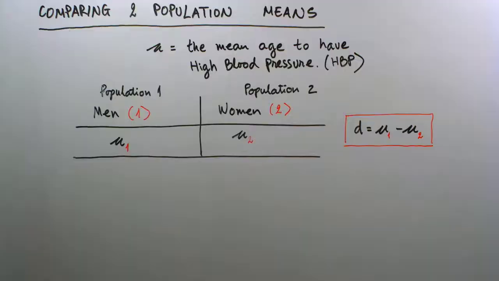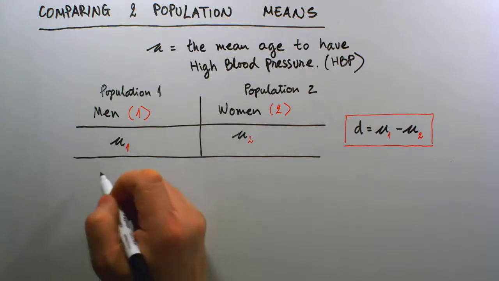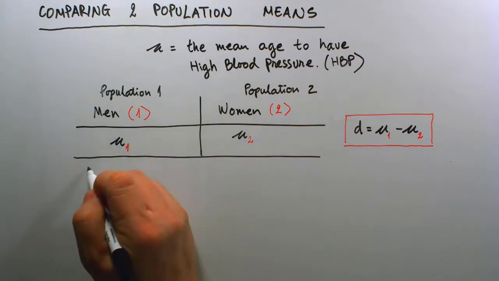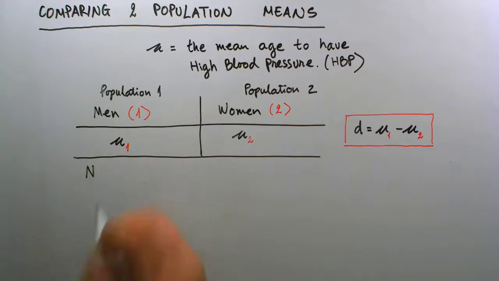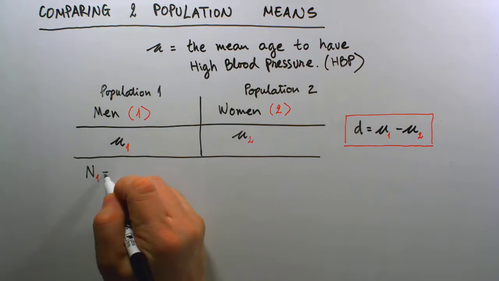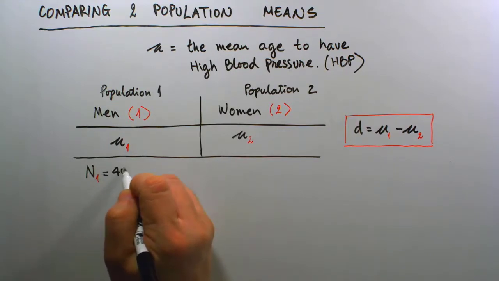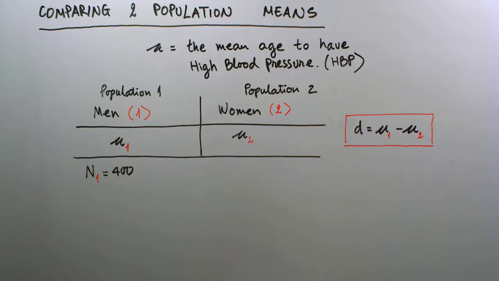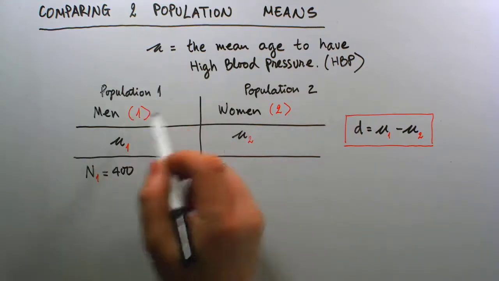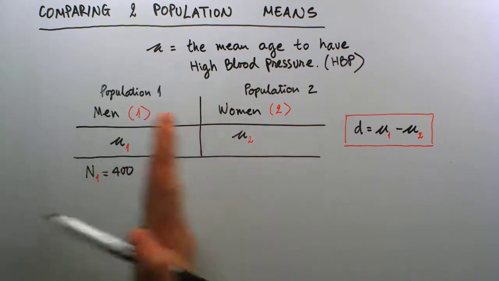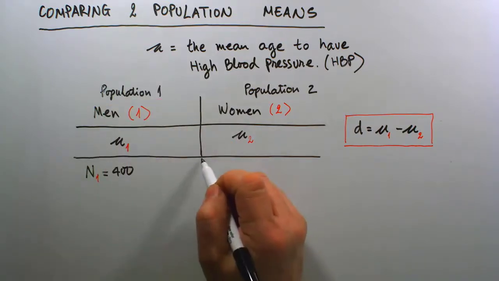Putting that into the right place, since we picked that sample from population 1, I have to call the sample size N1, and N1 here is 400. Everything I'm looking at right now is selected from population 1, so it must stay in the left-hand side column of my growing table for now.